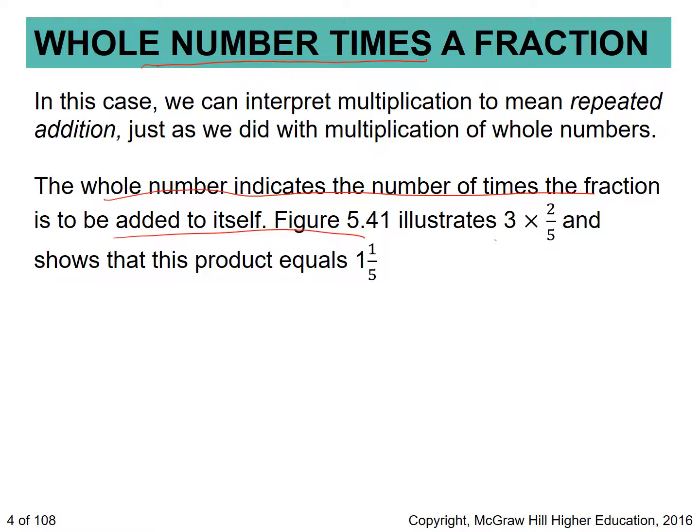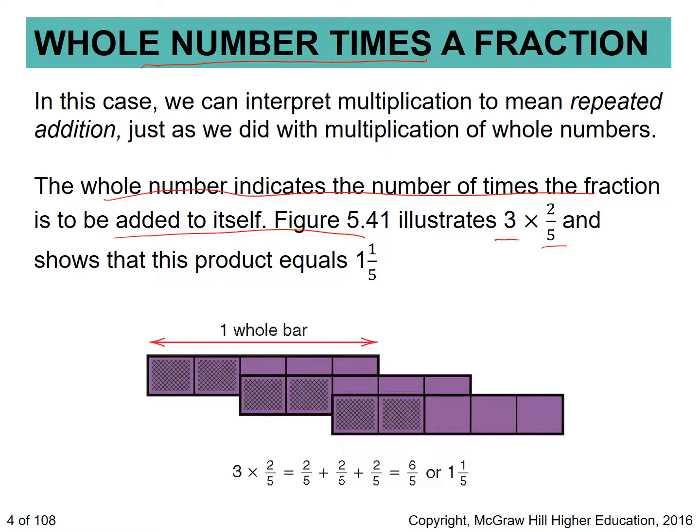So 3 times 2/5 would be 3 of the 2/5 put together. So it would look kind of like this. I have this first bar that has 2 of 5 shaded, and another bar that has 2 of 5 shaded, and another bar that has 2 of 5 shaded.